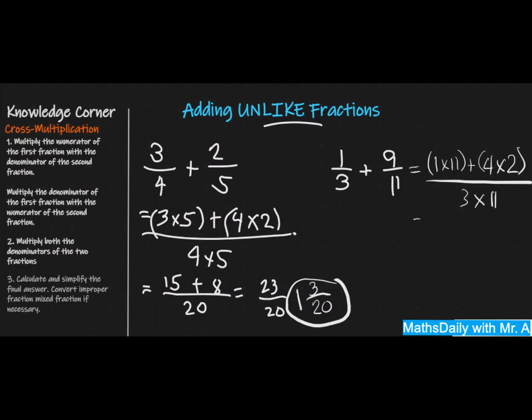So this will give us, let's calculate. 1 times 11 is 11 plus 9 times 3 is 27 over 3 times 11 is 33. Let's add. 11 plus 27 is 38 over 33. This is our final answer.